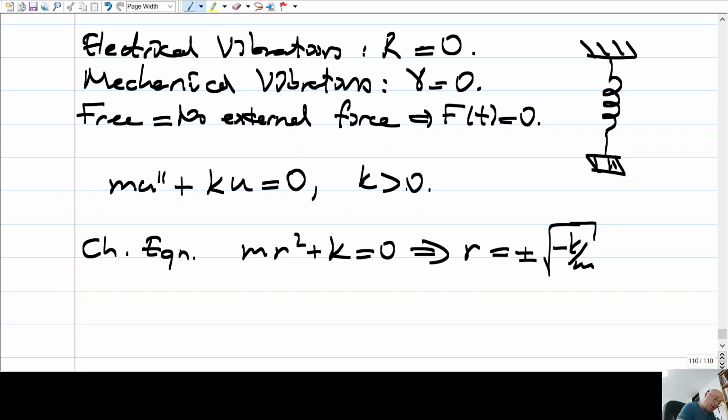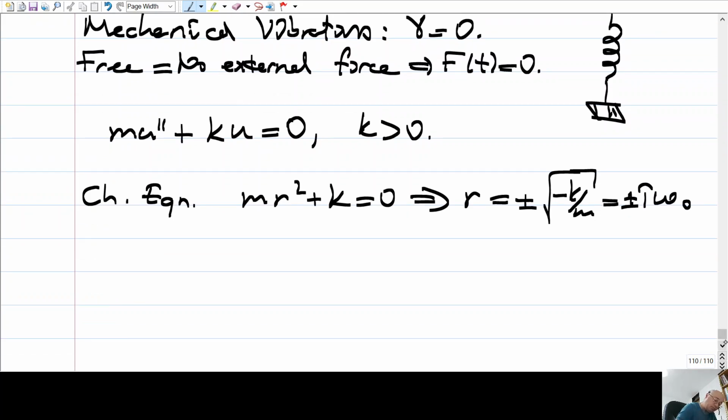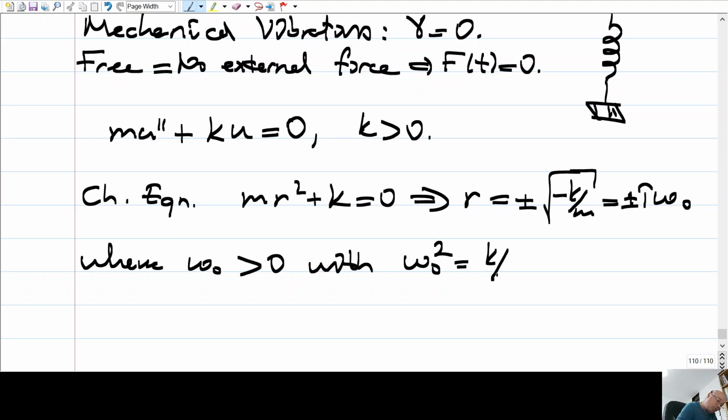k is the spring constant, which is a positive number. m is the mass of the object, which is again positive. So inside the parenthesis is a negative number. Therefore, this is plus minus i times omega 0, where omega 0 is a positive real number with omega 0 squared equal to k over m.